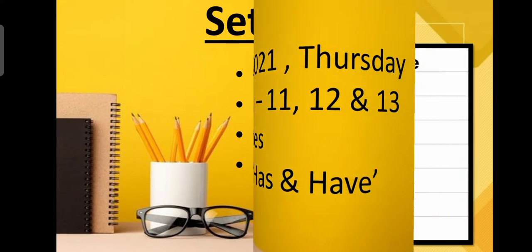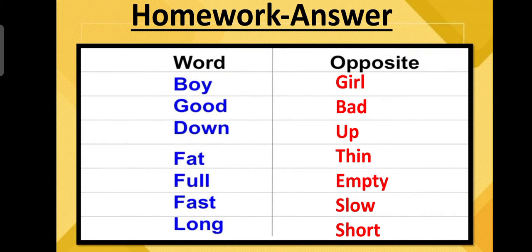Now discuss the homework. Here I gave you some words and you need to write the opposites of those words. So, what is the opposite of boy? Girl. Good, bad.